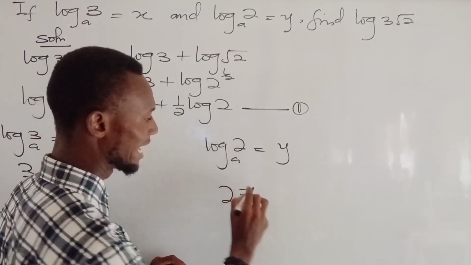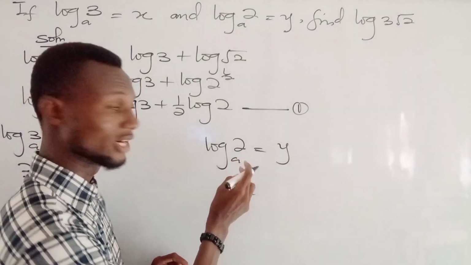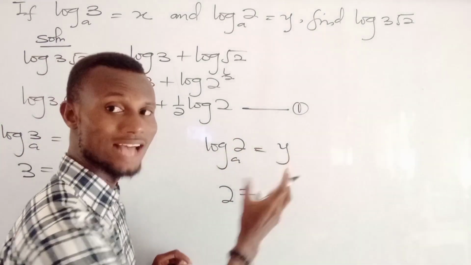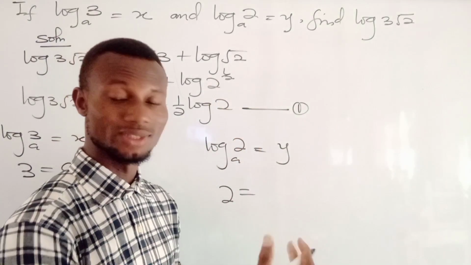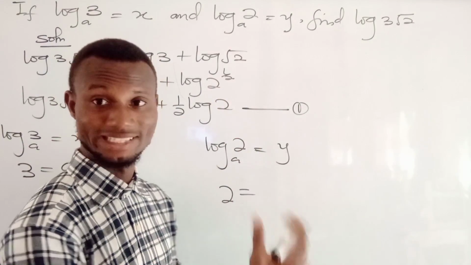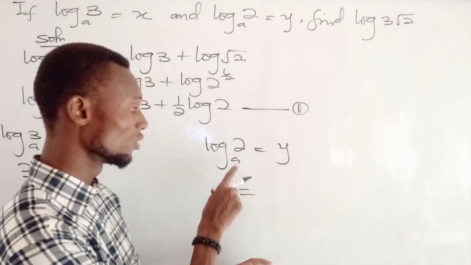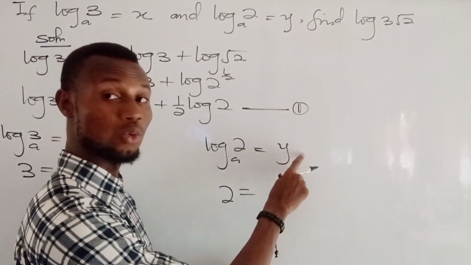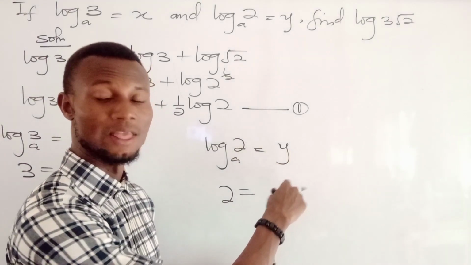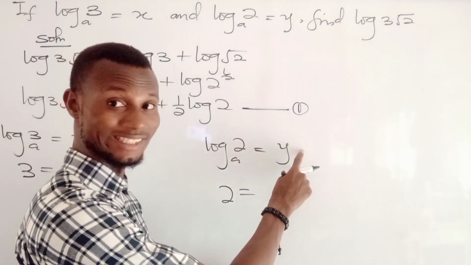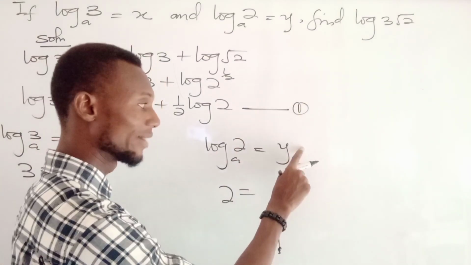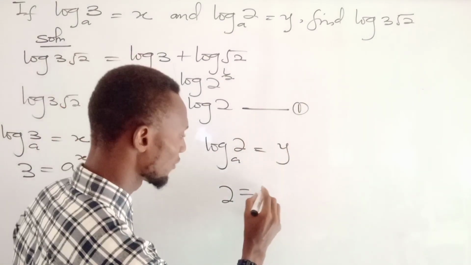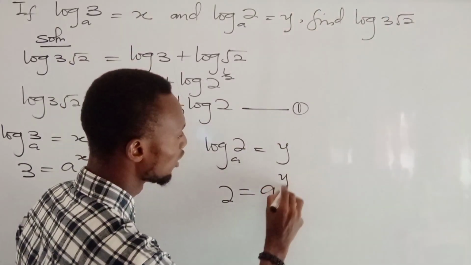Bring your equal sign, and this base a will come and carry the y here as a power. If it is a value, let's say 2, 10, or negative 2, it is the same thing you are going to do. The base here will come and carry whatever value or variable is here as a power. So the a will come and carry this y as a power, and we are going to have a to the power y.